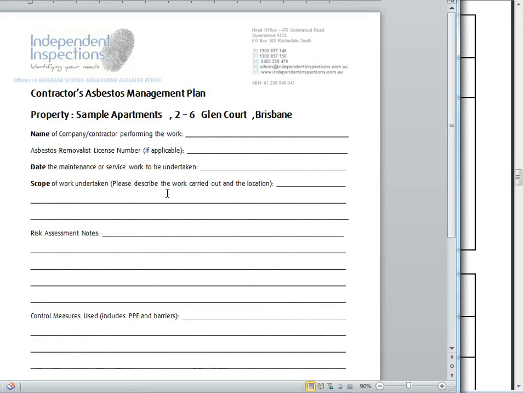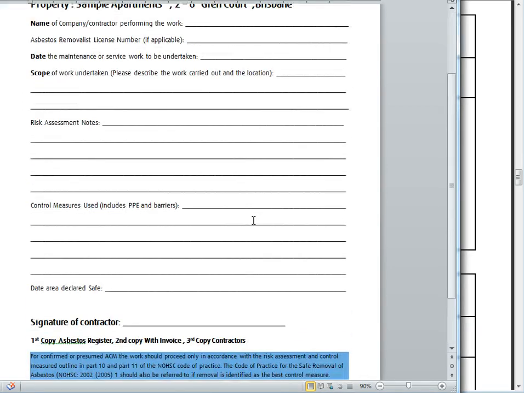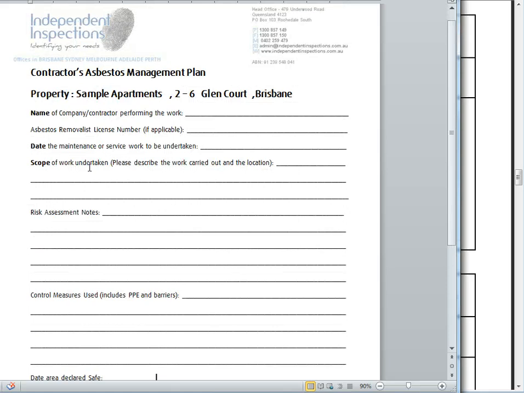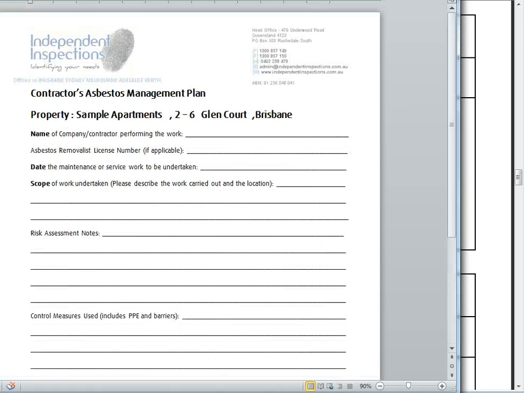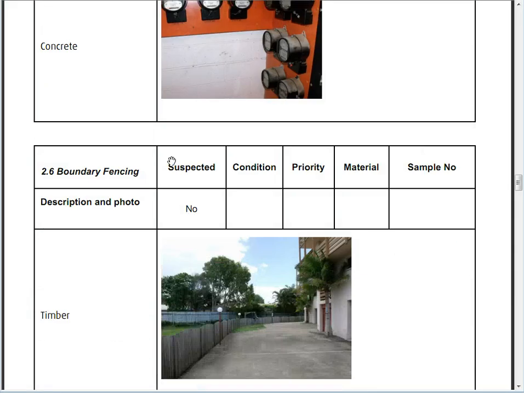Okay, so it's an asbestos management plan. Now the other part of the register identified where the asbestos was in the building and what condition it was in. So then that way you've got that full management of the site, so you know where the asbestos is and the contractors know where that is.